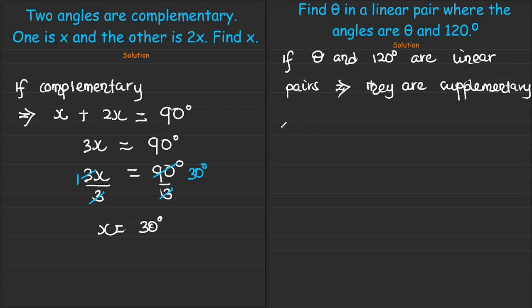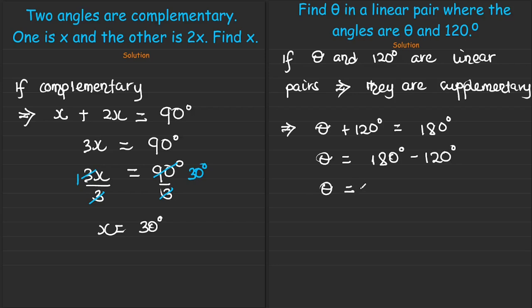And if they are supplementary, then theta plus 120 is equal to 180 degrees. Since we want our theta, we are going to make it the subject. So we subtract 120 from 180, and hence our theta becomes 60 degrees. As simple as that.